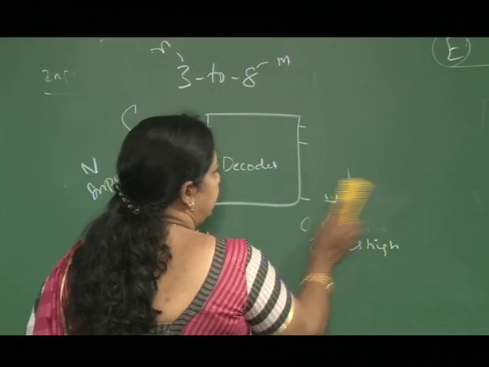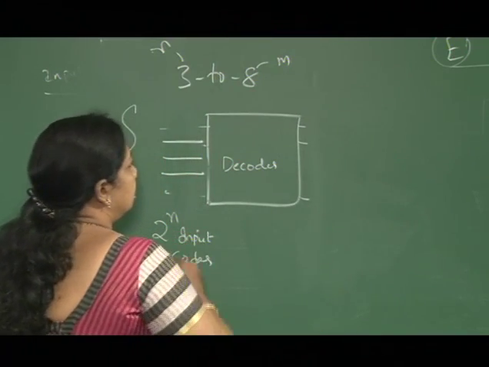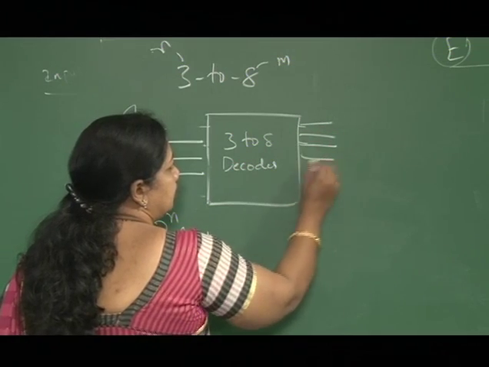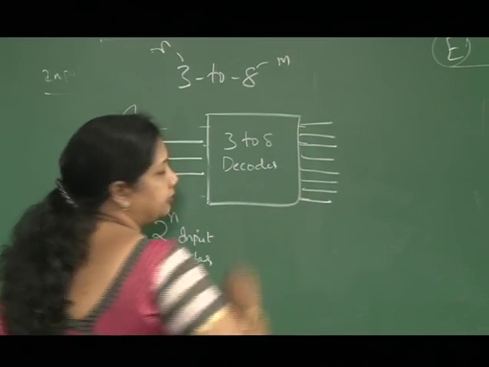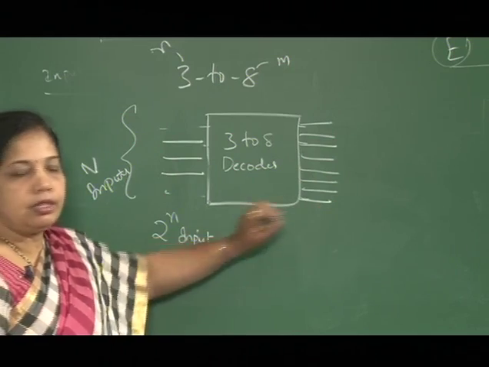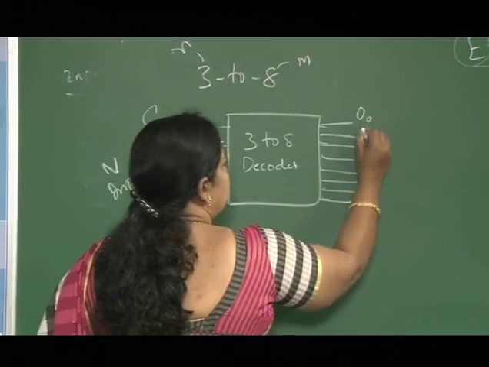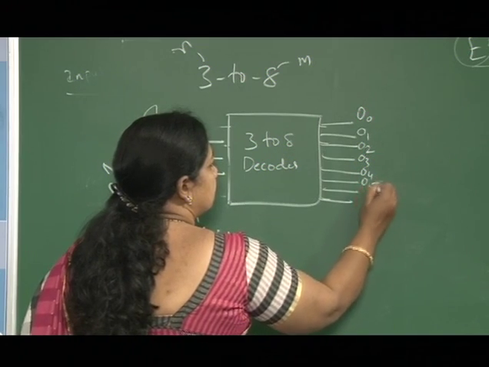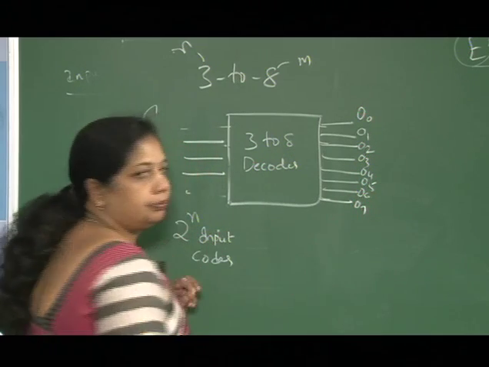So we have here 8 output lines, O0, O1, O2 up to O7.